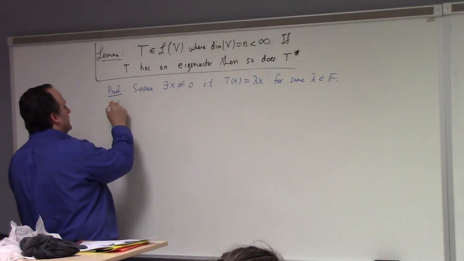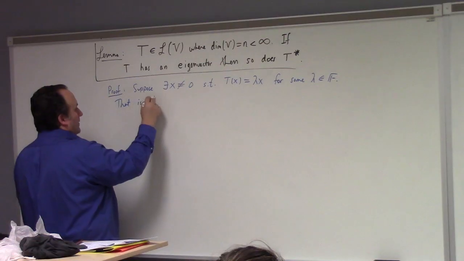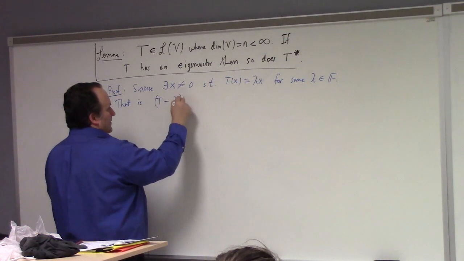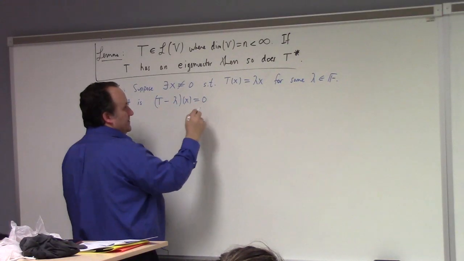That is, (T minus lambda) times x is equal to 0, right?